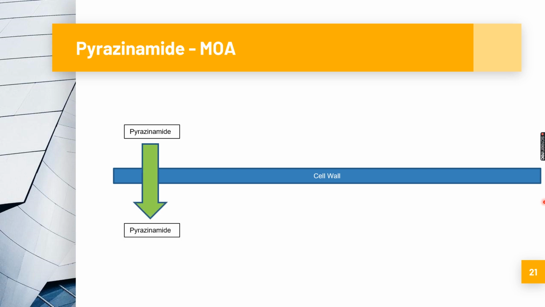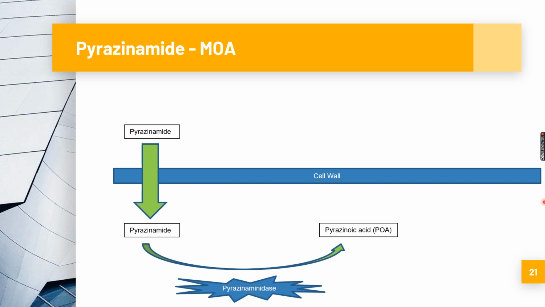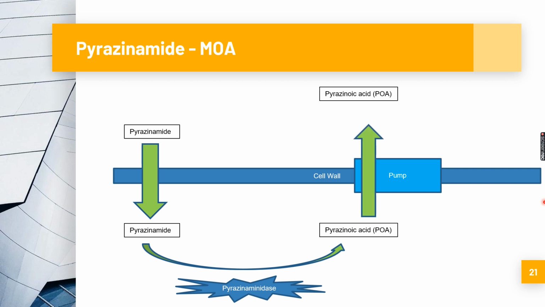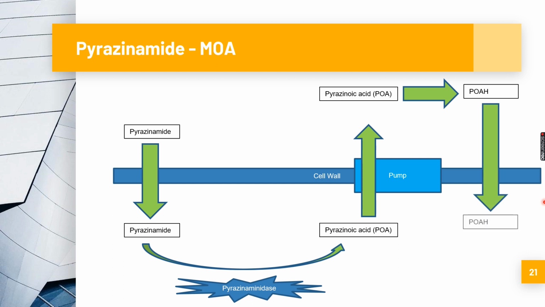Inside the cell wall, pyrazinamide is converted to pyrazinoic acid, and this pyrazinoic acid is pumped out of the cell wall by an efflux pump, and it is protonated outside the cell wall, which again enters the cell wall.